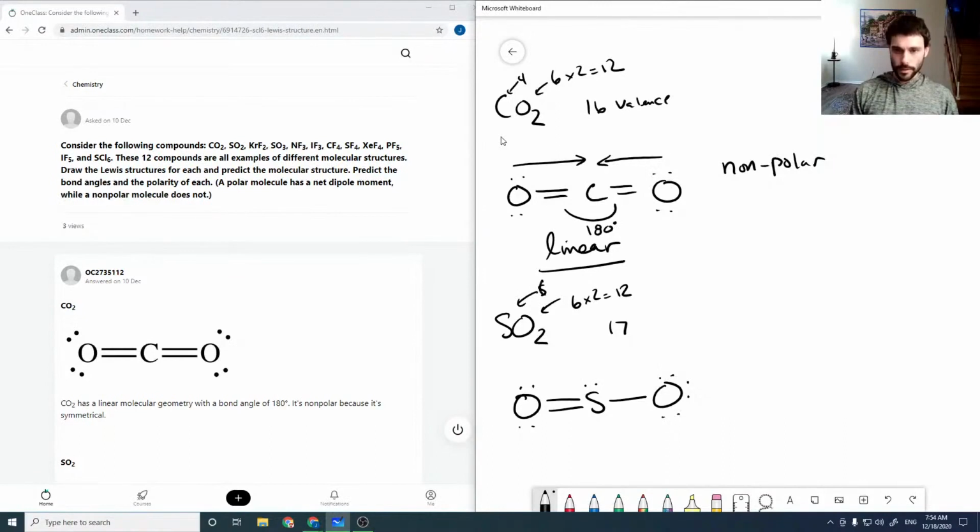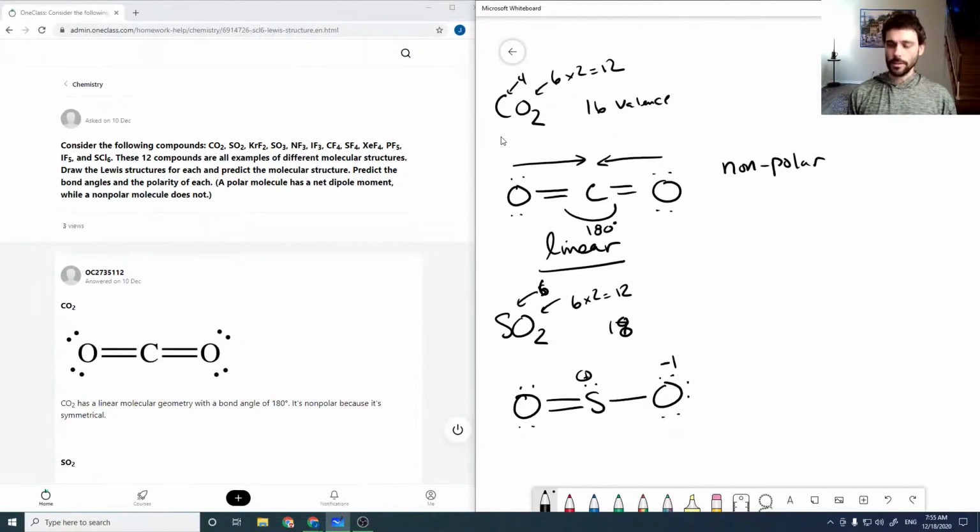And actually sulfur has 6 valence electrons, sorry, so there should be 18. I got carried away a bit there. And so now everything is a full octet, but we have a -1 charge on the oxygen and a +1 charge on the sulfur.